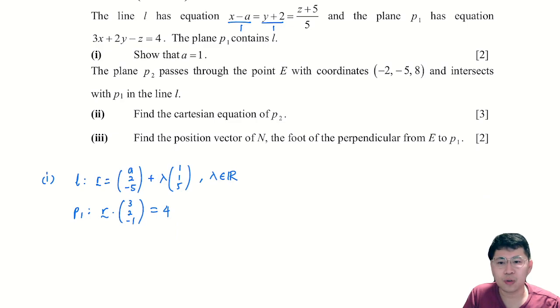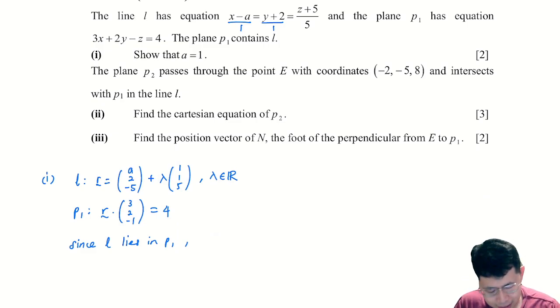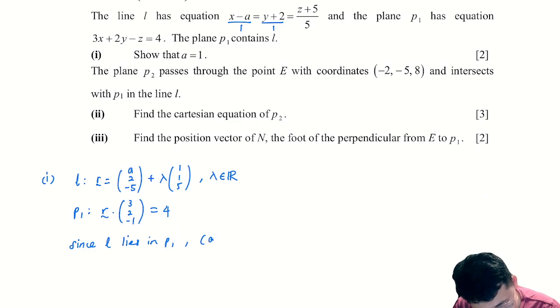Okay, in order to show that a equals 1, we make use of the information that the plane P1 contains L. Since line L lies in the plane P1, every point on L would also lie in P1. So this means that a, 2 and negative 5 also lies in plane P1.